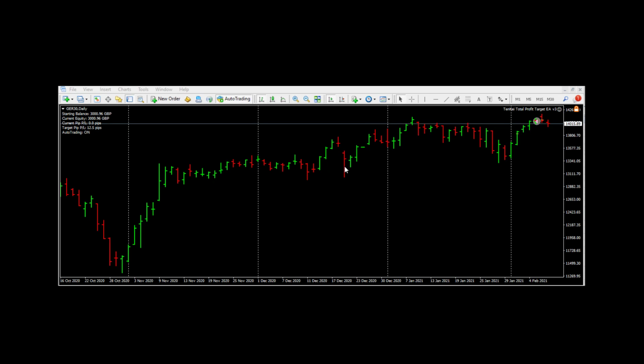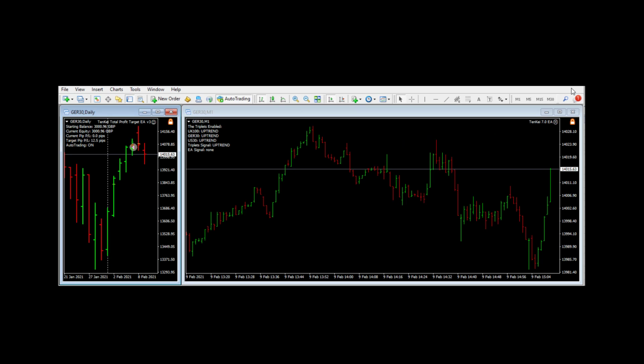Then into Christmas, the new year, and January, and we can see down, up. When we put the chart like this, we can see a clearer view of what's been going on. Down days, up days, down days, up days. So really, you can use the TPT on whatever time frame you wish, but you need to keep the TPT separate from all the other charts.